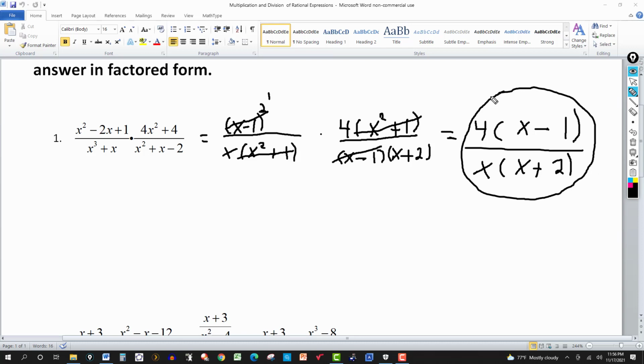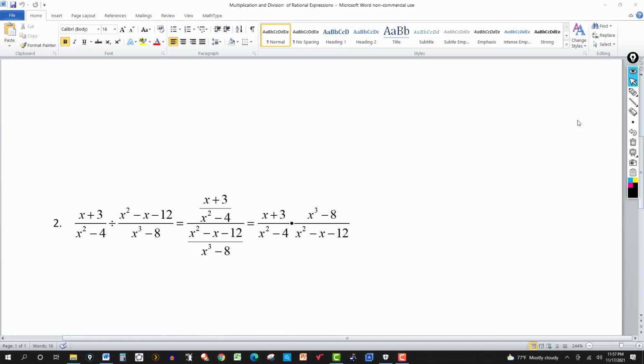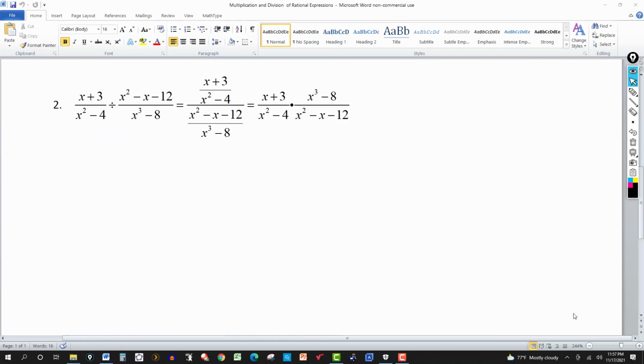Okay, that's the multiplication. Division pretty much works the same way, except we do one step, and then it becomes just like number 1 really. So let's look at the second one. This one I have partially done just to save some time, but the main problem here is x plus 3 over x squared minus 4 divided by x squared minus x minus 12 over x cubed minus 8.